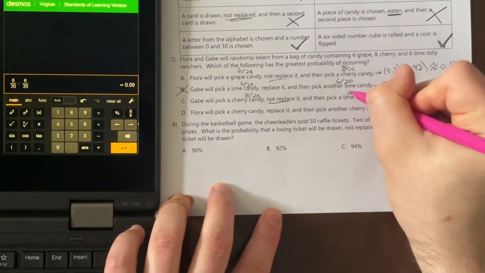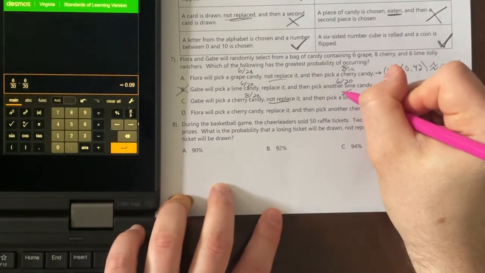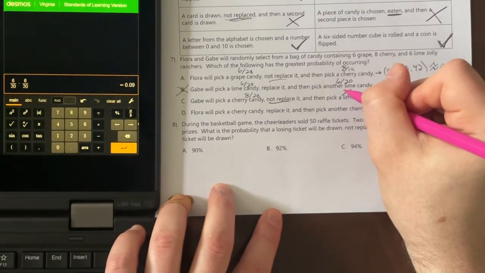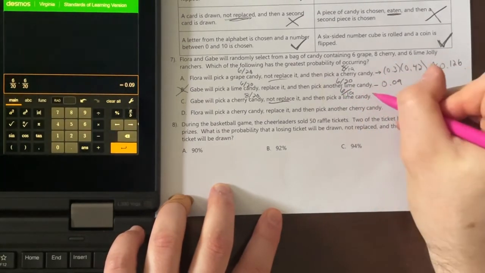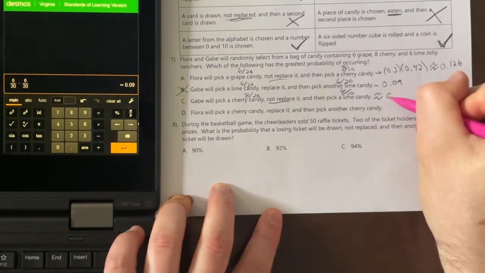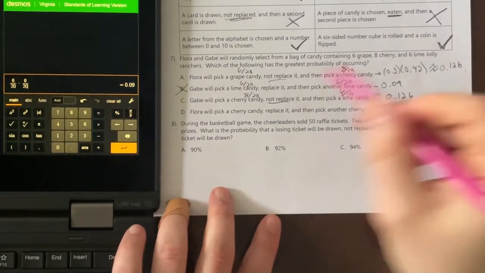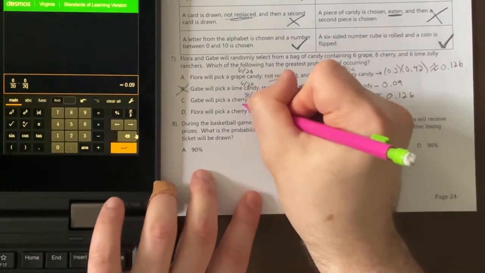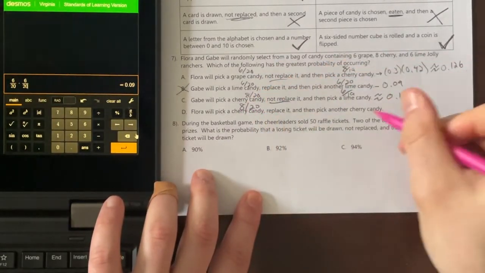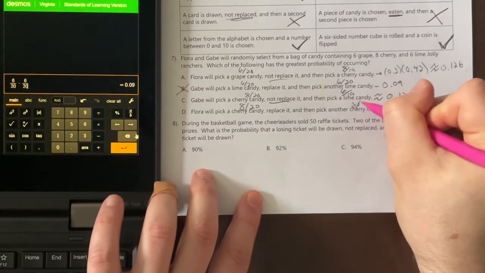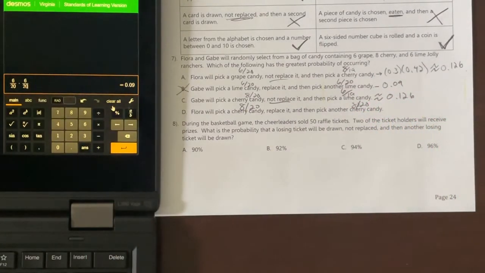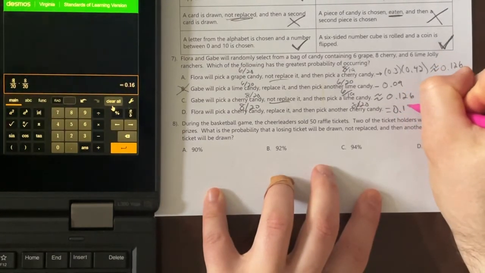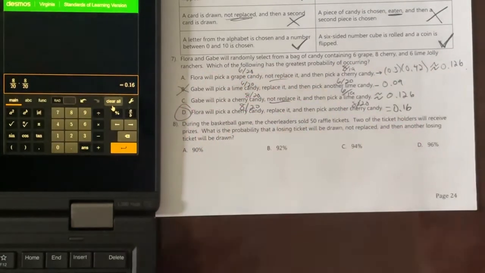So that means over 19. And this is 6 over 19. So it's actually going to be about the same. So we know that most likely our last answer will be the true one. But let's prove it. So we have 8 over 20 for cherry, and we have another cherry, which is 8 over 20. Well, let's check these out. 8 over 20 times 8 over 20, which is equal to 0.16, and so that is the largest amount.